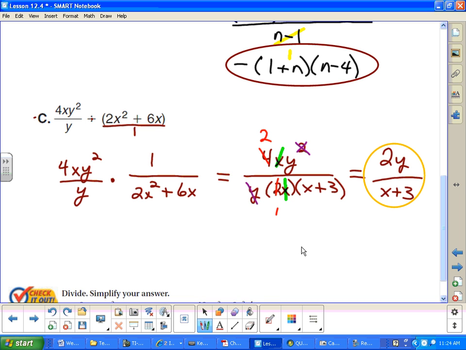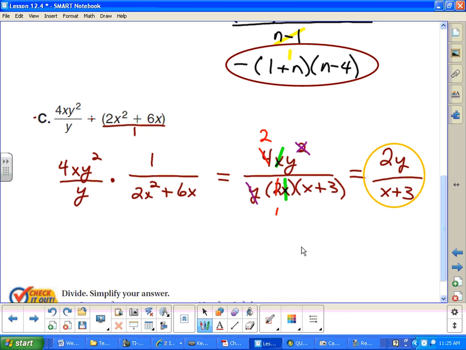Right, so it's all a matter of factoring and looking at common factors. All right, so make sure you're not just crossing things out because there's something that looks like in the numerator and something looks like in the denominator. It only works if there's multiplication going on.